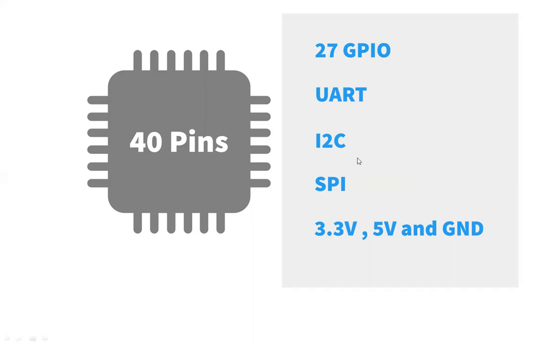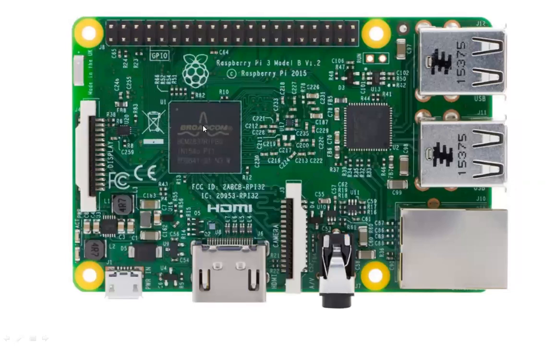You can buy that and interface it to work with analog sensors. So directly you can work with digital sensors and you can control various actuators by using these 27 GPIO pins. It is possible. Suppose you want to work with analog sensors, then you need to use some ADC converter here. Okay, all of you.